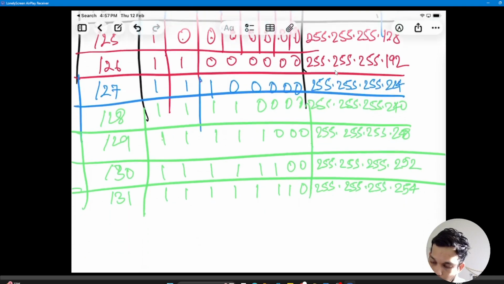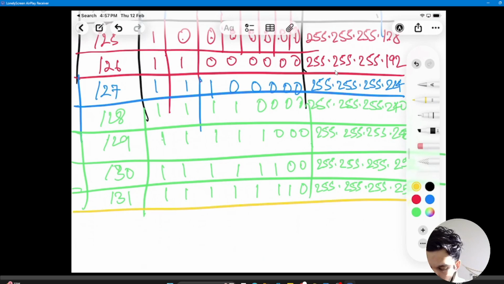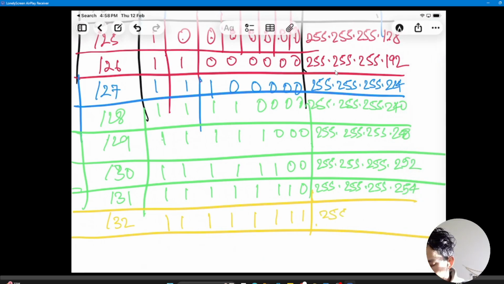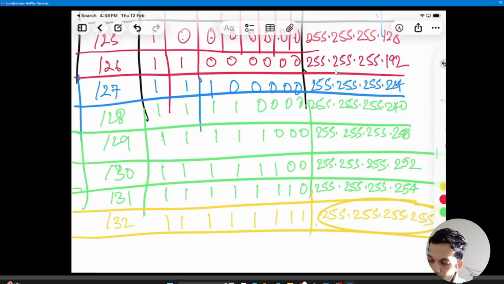And then /32: all the bits belong to the network, that is a /32 address. I think you are familiar with this subnet mask, 255.255.255.255.